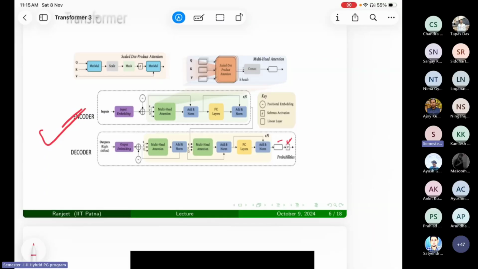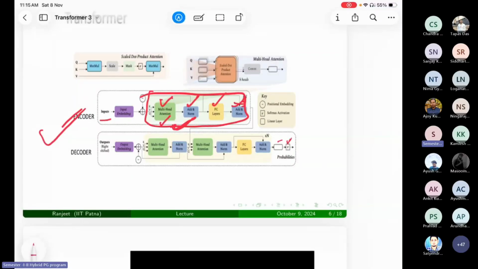We have an encoder and decoder. The encoder takes the input X and converts it into a vector, then gives it to this block. This is your transformer block, where we have multi-head attention, normalization, a lot of different things. And whatever output you get from this block is given to the next block.